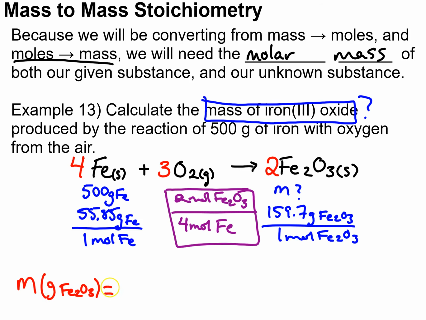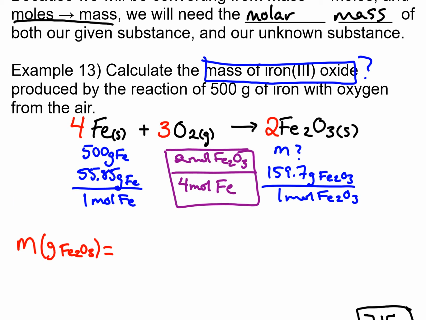We want to start with what we want. So let's start with whatever has grams of iron 3 oxide on the top of our fraction. Sure, no problem.